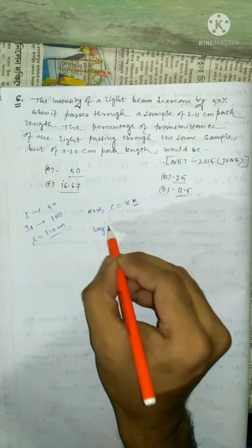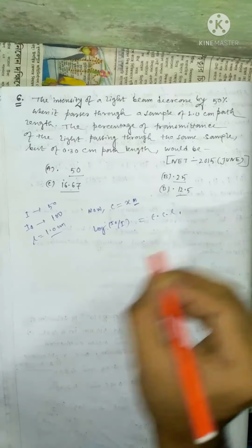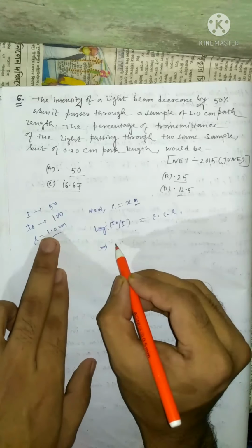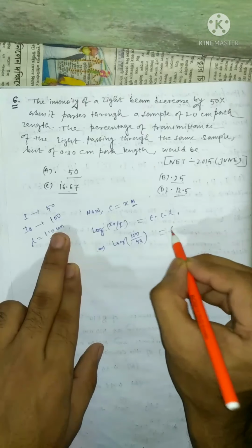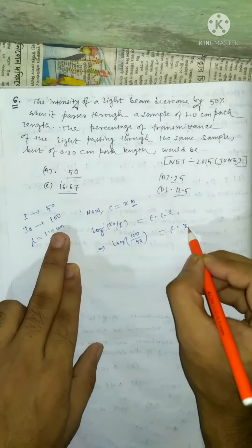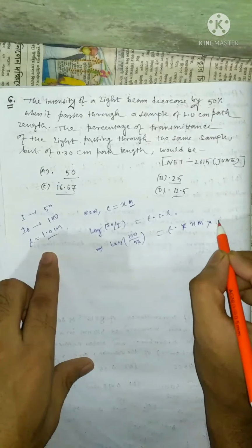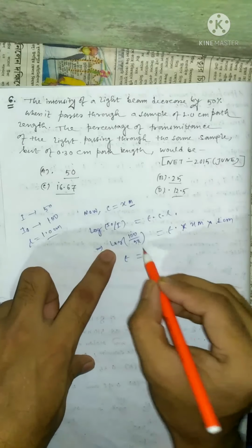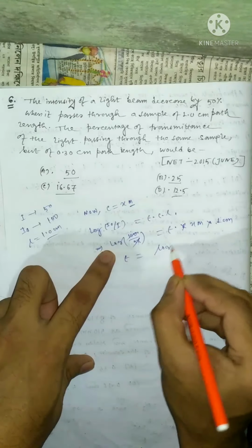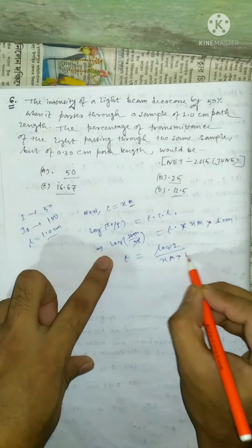Now log I naught by I equals epsilon CL, means log 100 by 50, epsilon C, x molar, length 1 centimeter. So epsilon equals log 2 divided by x molar into 1 centimeter.